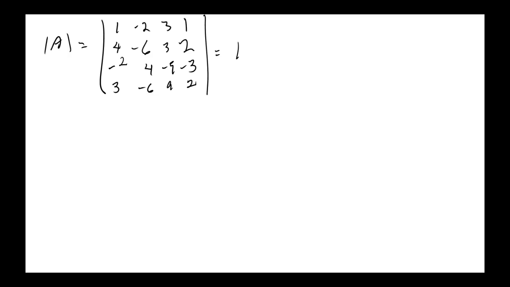Okay, and the value is 1. 1 times, what's the determinant that you use? If you wipe out the 1 here and the thing there, what determinant's left? Negative 6, 3, 2, 4, negative 9, negative 3, negative 6, 9, 2.